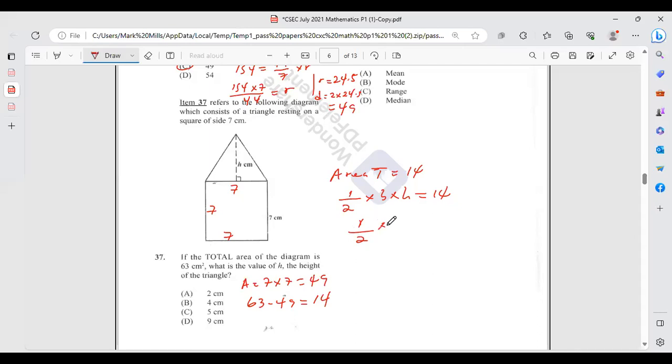The base will be 7. The height we don't know. So we want to find the height. That means 7h is equal to 14 times 2, which is 28. So how do I find h now? 28 divided by 7, which gives me 4.